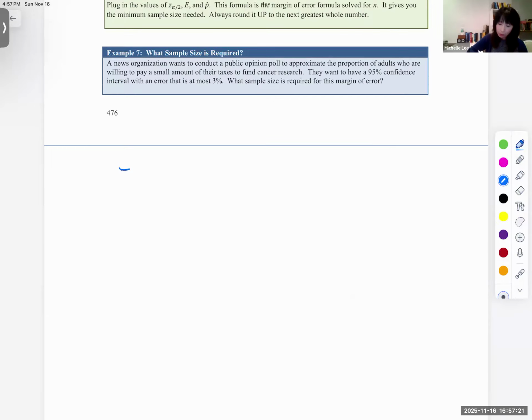what is called margin of error, right? So we had a margin of error equal to the z critical value, right? So z sub alpha over 2 times the square root of p hat, 1 minus p hat, over n, right?